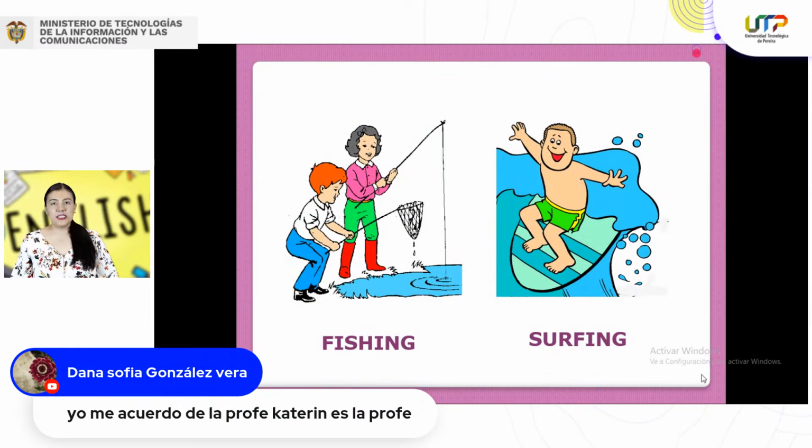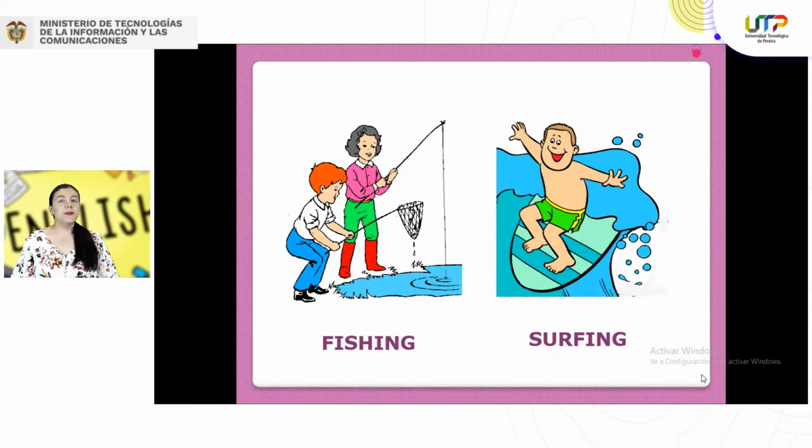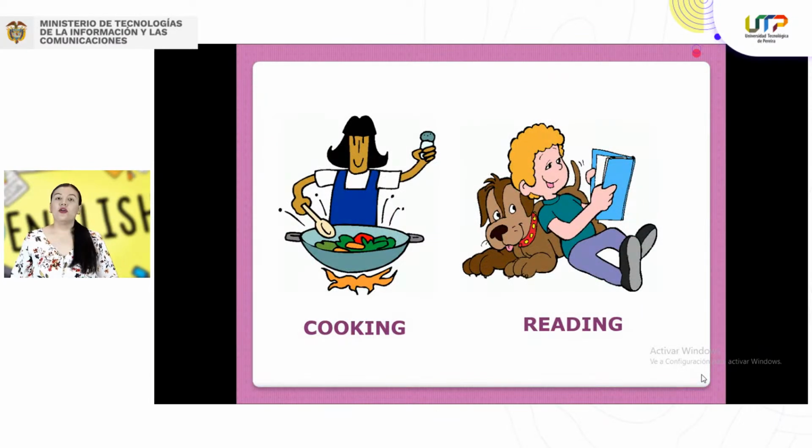Fishing, yeah, that is easy, and surfing. We don't go surfing too much here in Colombia, but we can do it actually, yeah, but we don't do it so much. Cooking is another activity that you can do to practice, or during your free time, you can cook.